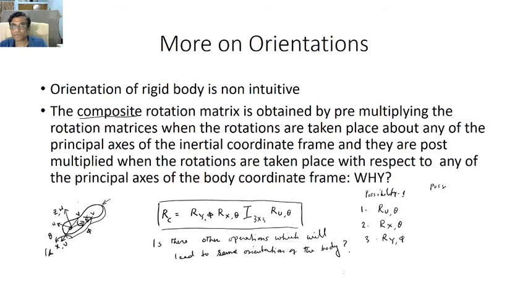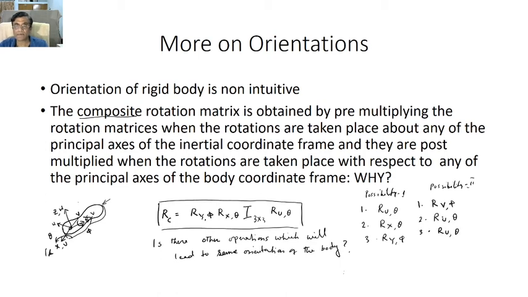Possibility 2: first the body could be rotated about its y-axis by an angle phi, followed by a rotation about the x-axis of the body coordinate frame by an angle theta, and then another.